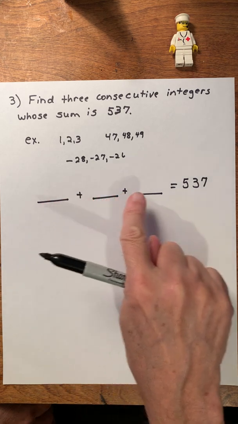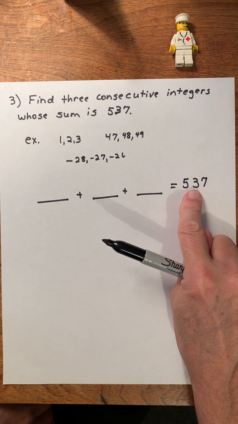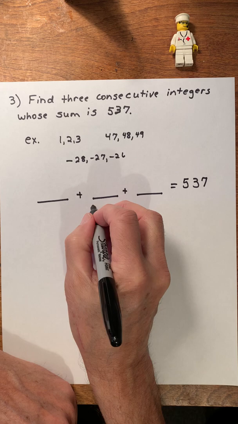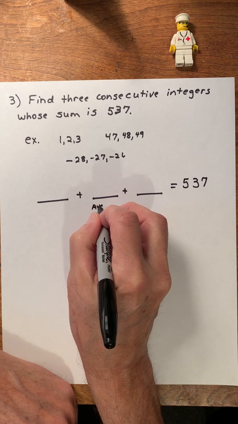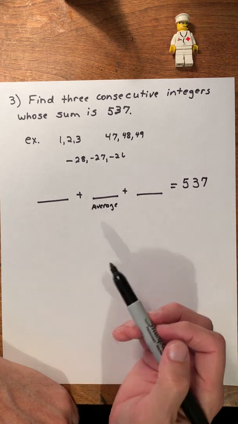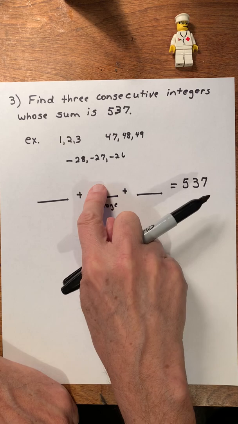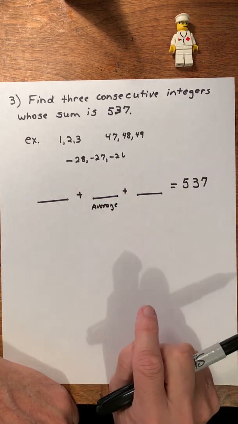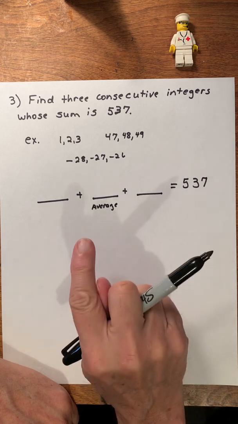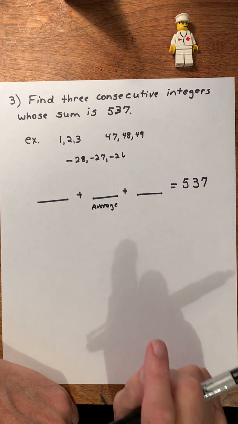If I have three numbers and they have a particular sum, then I know that the one in the middle is in fact the average value of these three. This one's one smaller, this one's one larger, this one's right in the middle. This is the average of my three numbers.